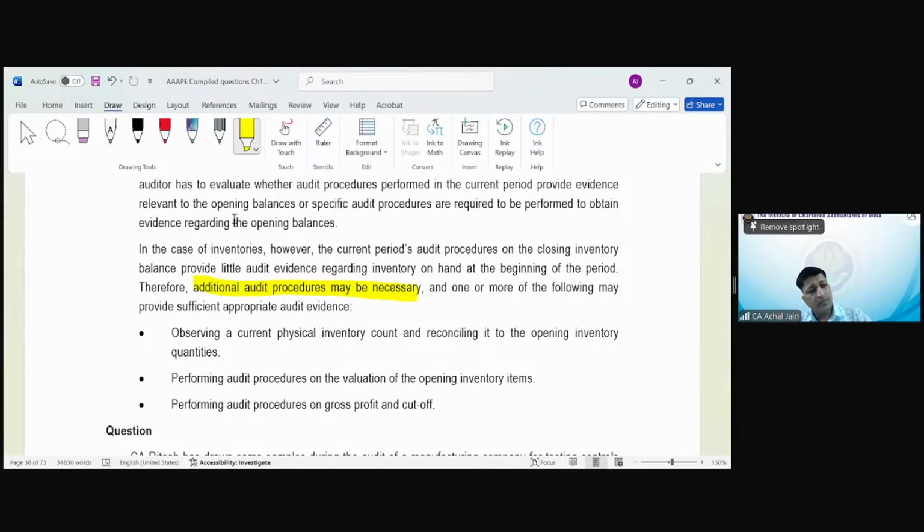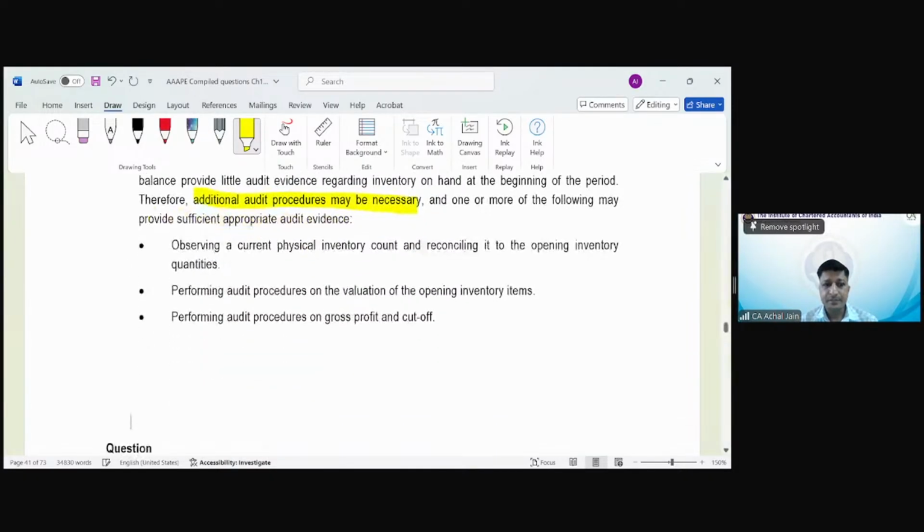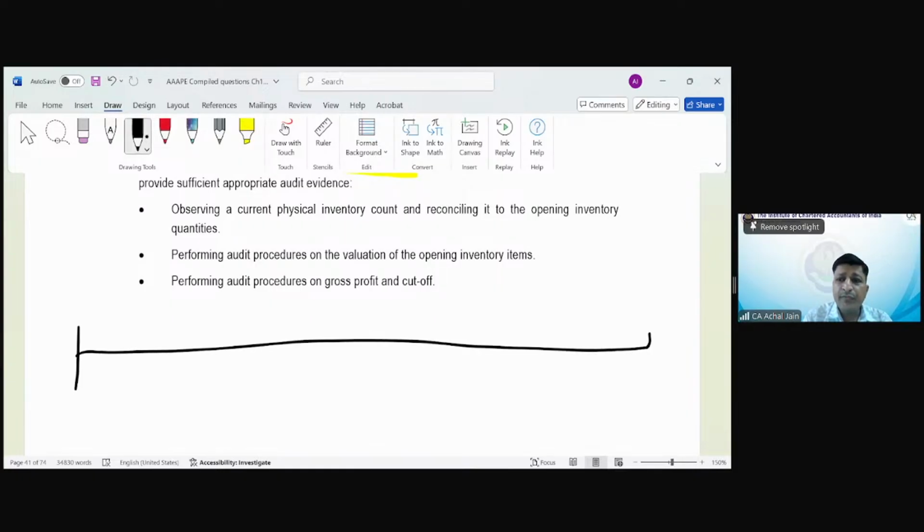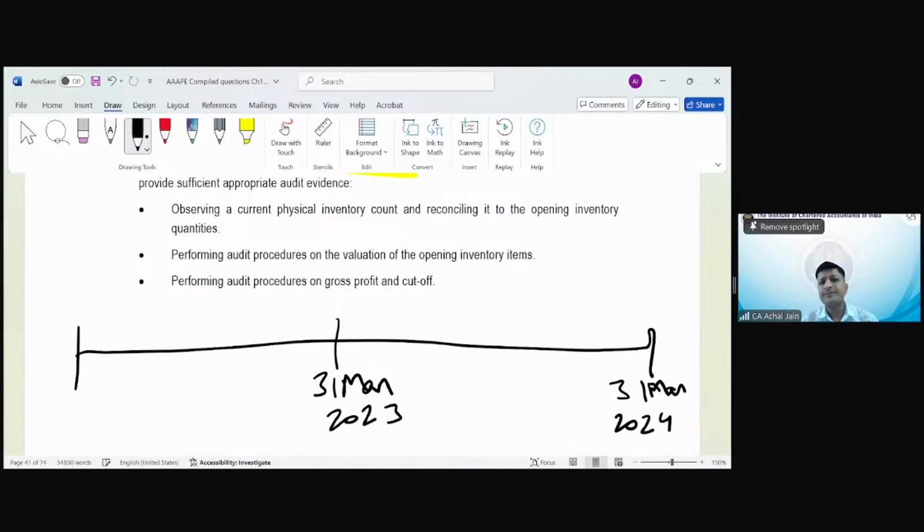Sir, could you please explain the gross profit and cutoff procedure relating to this? See, the cutoff procedure about inventory is about the year end. Inventory is a built up of your purchases. So in terms of cutoff, what is your objective? This is 31st March 2023, and this is 31st March 2024.